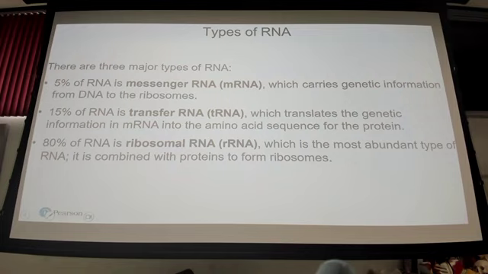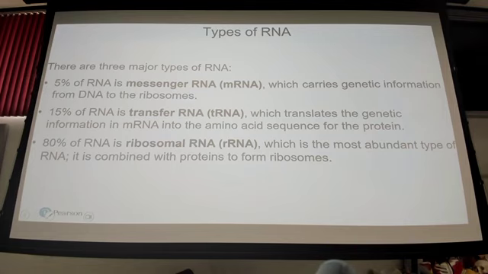3 types of RNA. What's the importance of ribosomal RNA? Ribosomal RNA combines with proteins, and that's the site of translation, right? What about messenger RNA?